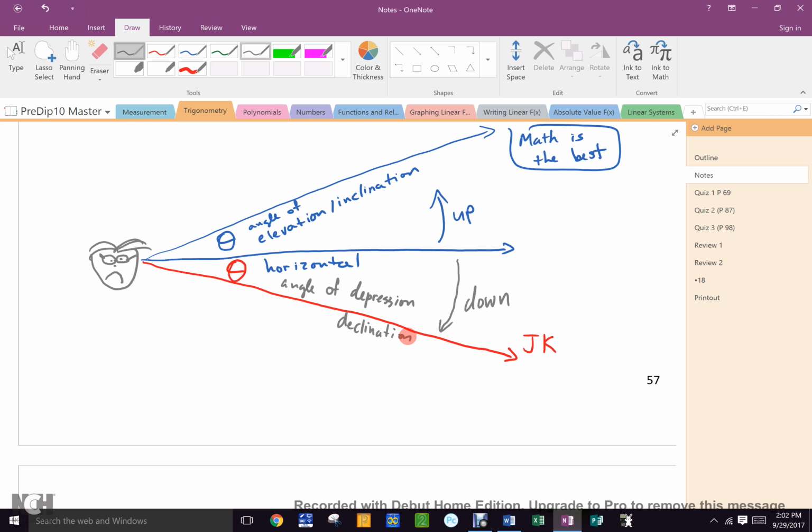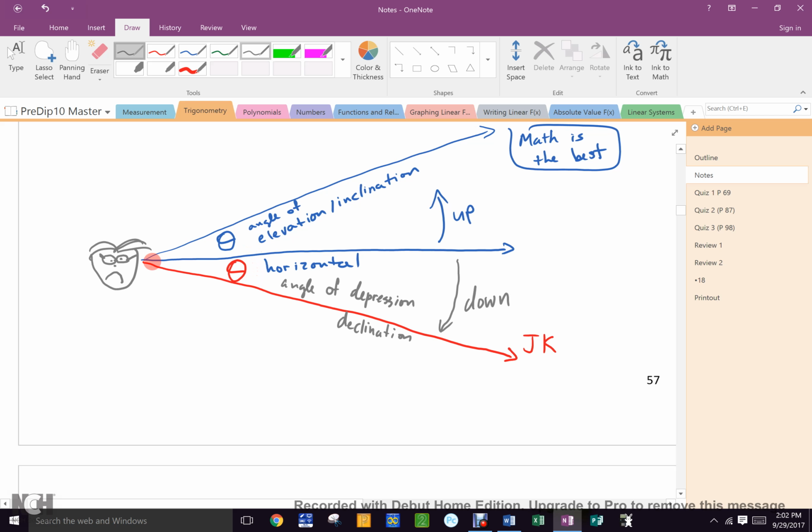The point is, they always start flat and go up or down. Notice that the theta is always closest to the eyes and between the horizontal and my end game. Okay?